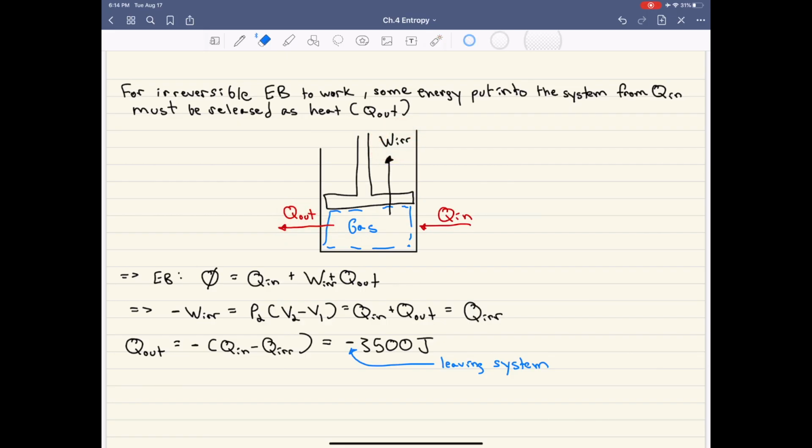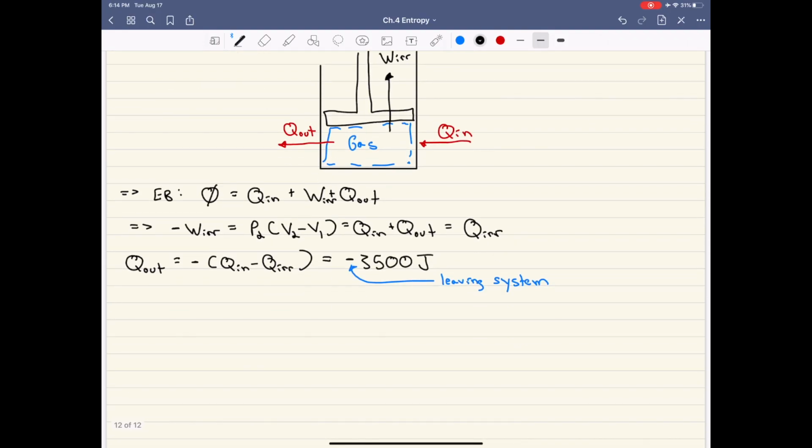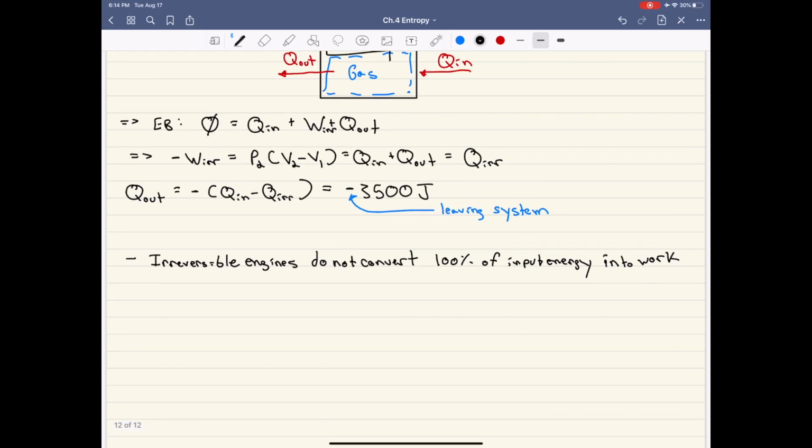To summarize, irreversible engines do not convert 100% of input energy into work. And this Q out variable that I illustrated at the top, the way to physically think about it is as lost work.